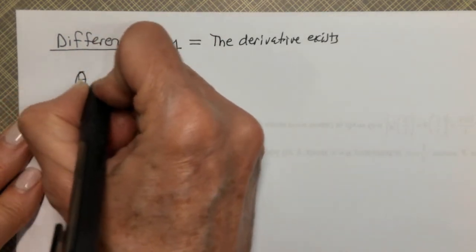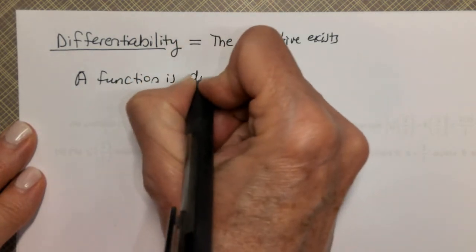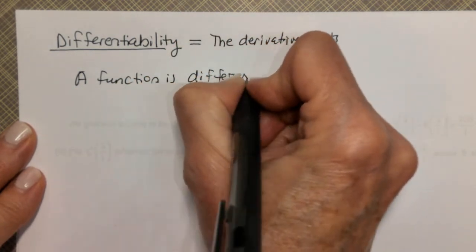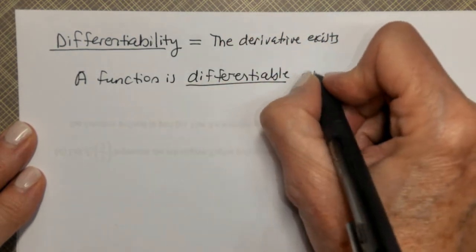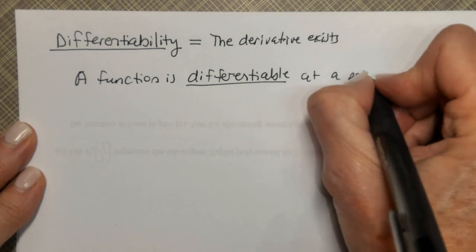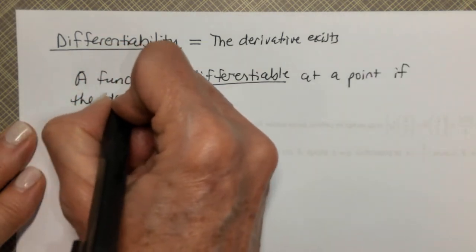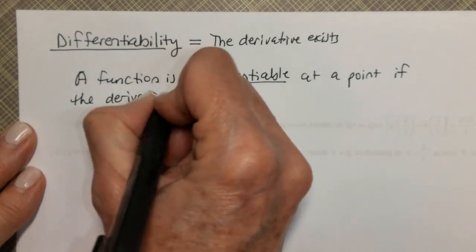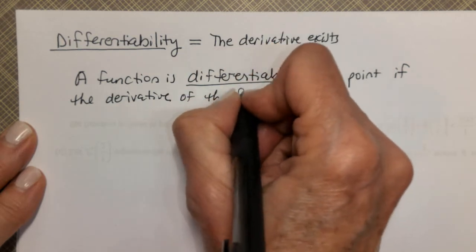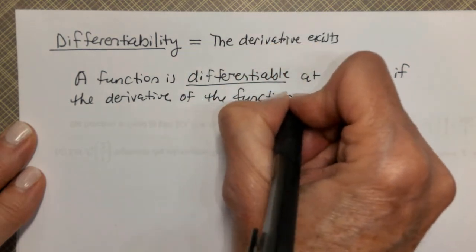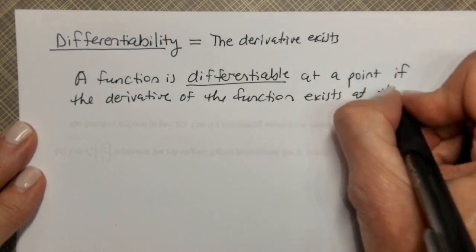A function is differentiable at a point if the derivative of the function exists at that point.